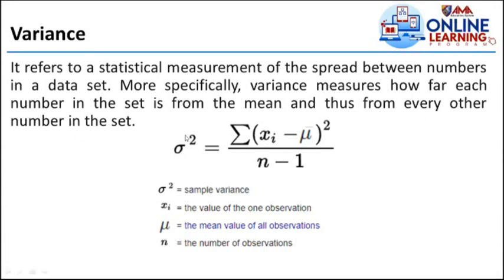So sample variance, s squared, is equal to the summation of (xi minus mu) raised to 2, divided by n minus 1. Okay? So for sample variance, xi is the value of one observation, mu is the mean value of all observations, and n refers to the number of observations.